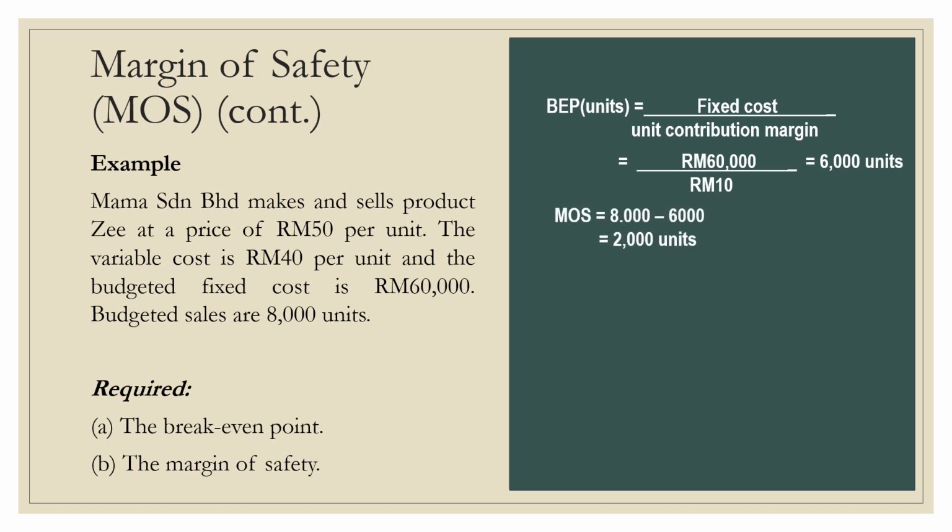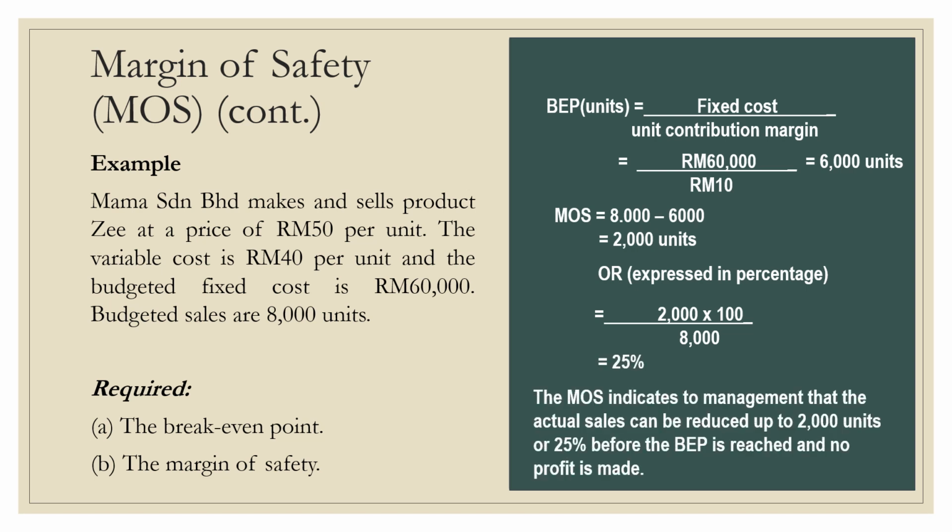After that, the MOS, margin of safety, equals 8,000 minus the 6,000 break-even point, and then you get 2,000 units. Expressed in terms of percentage, it is 2,000 times 100 divided by 8,000, which gives 25%.